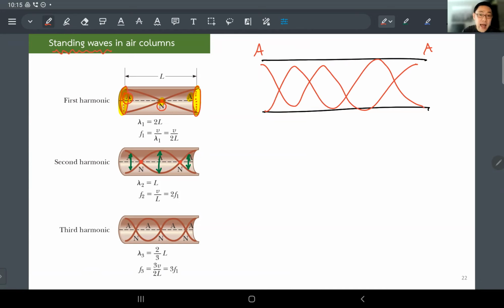All right. So this is how easy it is for you to find the value of the lambda of the wave inside this tube. Because what you want to do next is, if I know the length of the tube and I know the shape of the curve of the wave, you just look at a single one of them.